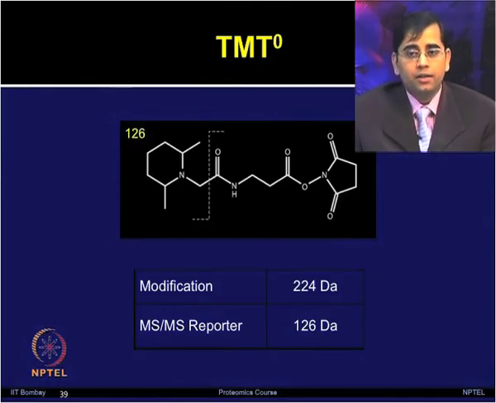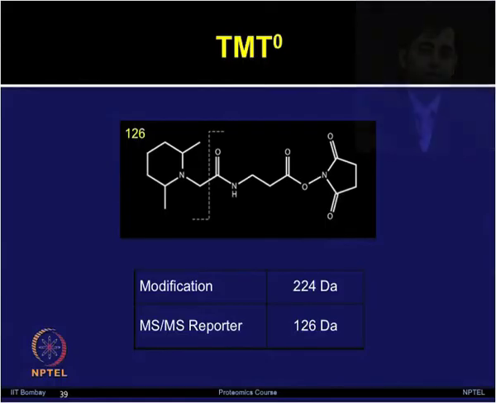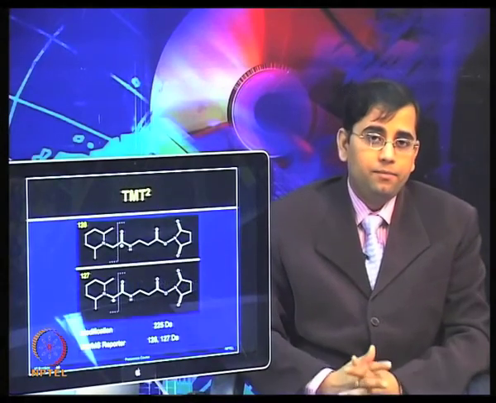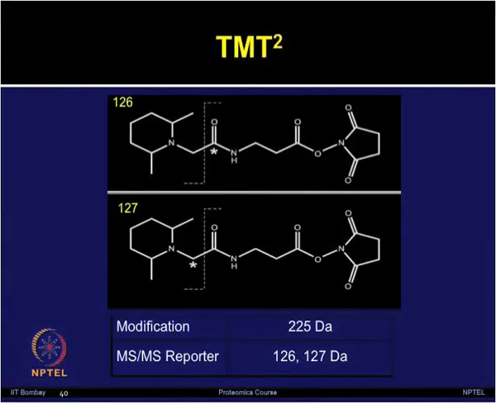The modification is 224 Daltons and the MS-MS reporter ion is 126 Daltons. Now, let us look at TMT duplex. The TMT duplex reagent allows for the comparison of two samples, 126 and 127. These are two different MS-MS reporter ions available, and the modification is 225 Daltons.